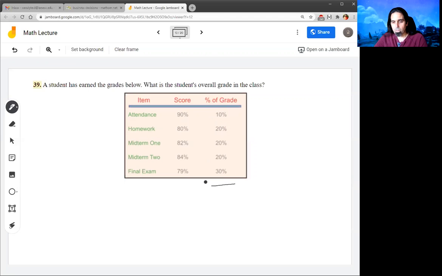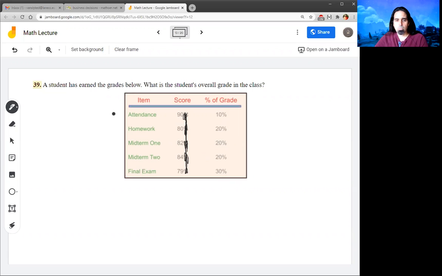Notice that the weights have to add up to 100%. On the other hand, these scores happen to be written as percents, but they could be points or something else. So if it helps you, just cross out the percent signs. These are just numbers. These are just values, and this is the weight they get.